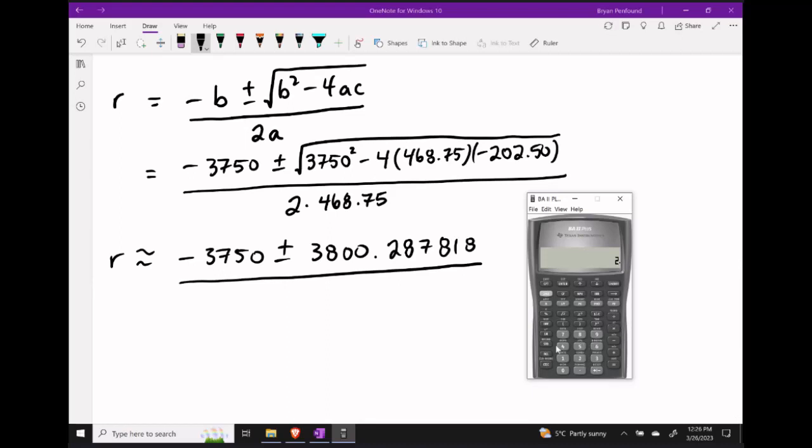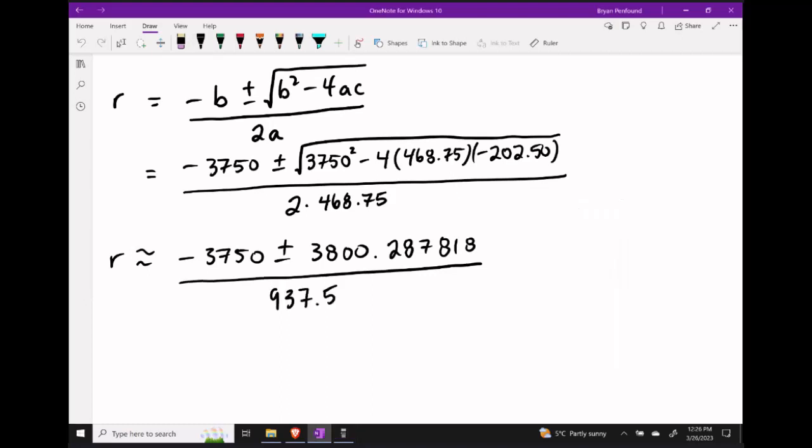So 2 times 468.75, and that gives us 937.5. Now the quadratic formula does give us two possible final answers. It gives us negative 3,750 plus the 3,800, or it gives us negative 3,750 minus our 3,800.